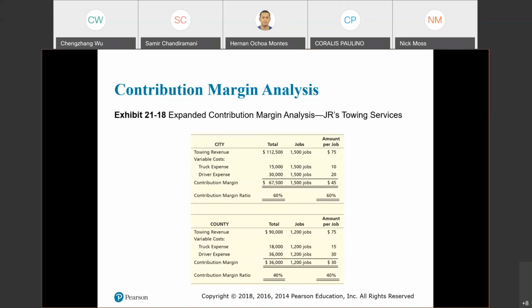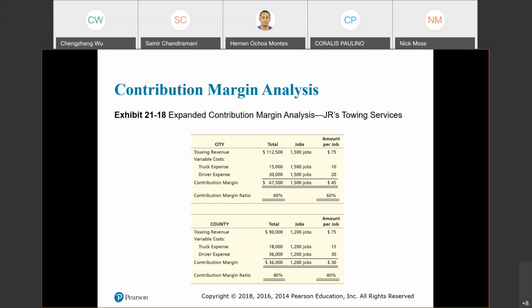Basically, to do the analysis in more detail, it is a common method to look at the per unit cost and per unit revenue by dividing the total amount by the number of units sold, or the number of jobs provided for service companies.